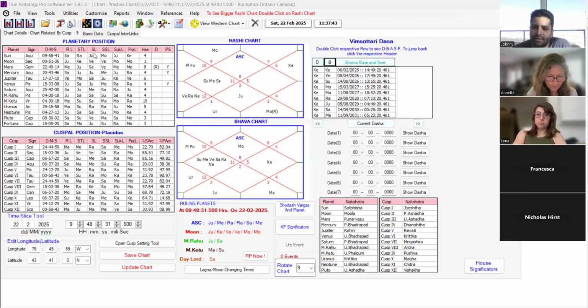Then in the Moon sub-constellation. And you can go all the way up to the fifth level if you want. But anything past the third level is only explored if your time of birth is very, very accurate.